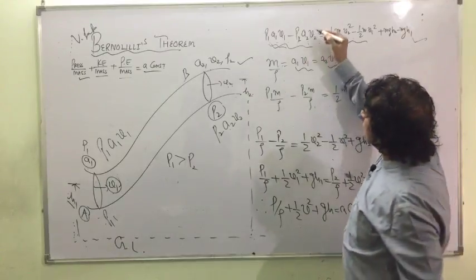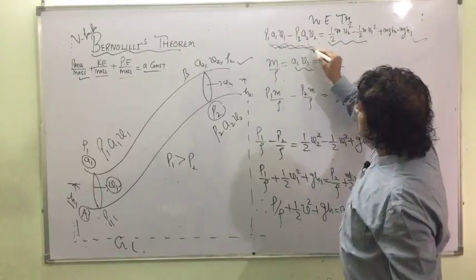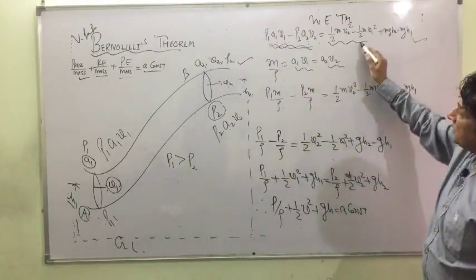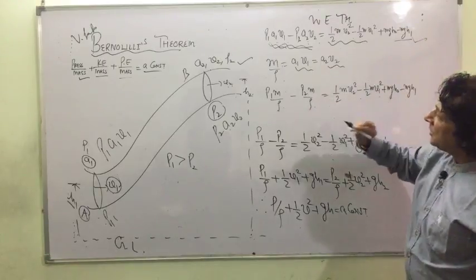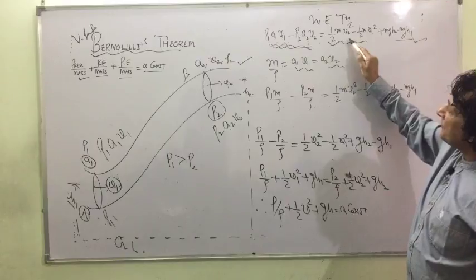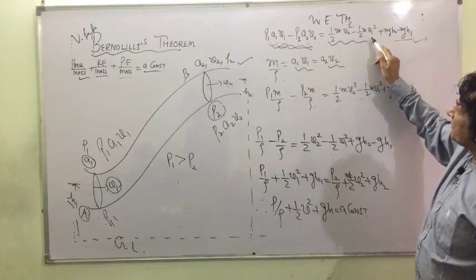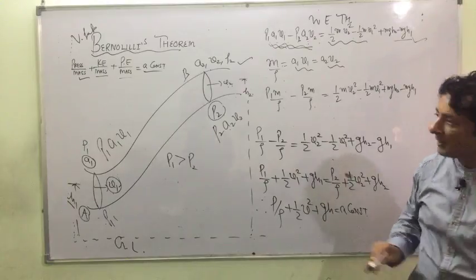Therefore, according to the work energy theorem, the total work done is equal to change in kinetic energy plus change in potential energy. Now students, P1 A1 V1 minus P2 A2 V2 equals half m V2 square minus half m V1 square plus mg H2 minus mg H1.